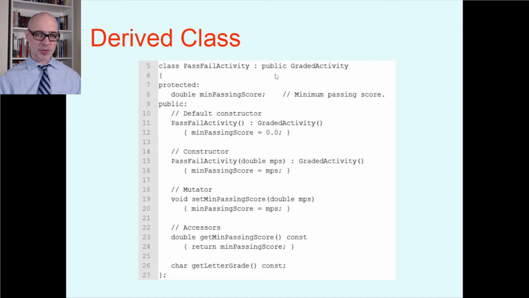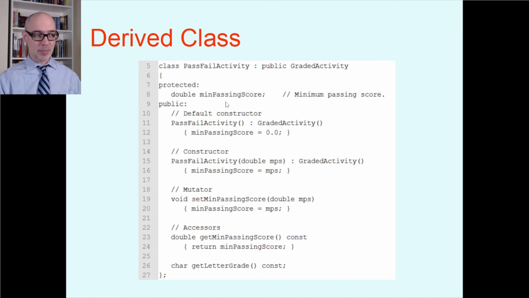And you can see, again, we're using the public class access specifier. So all those public functions in the parent class are included in our class, and they all still have public access for us. And all the stuff that was protected is still protected here. So none of the access is changing from the stuff that we're inheriting. Now, here is some data being declared for a pass-fail activity.